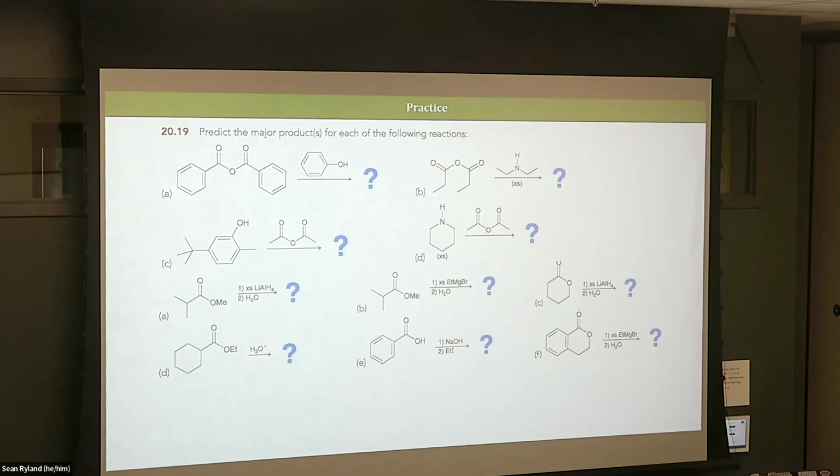Alright, so for A, for the first A, we've got benzoic anhydride. We're gonna make the ester out of it, so it'll be phenyl benzoate as our product.